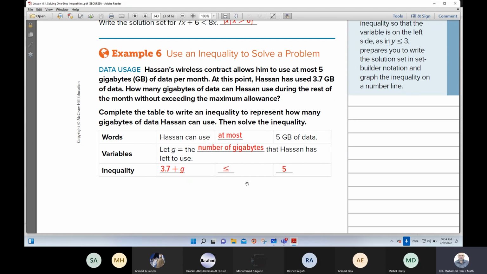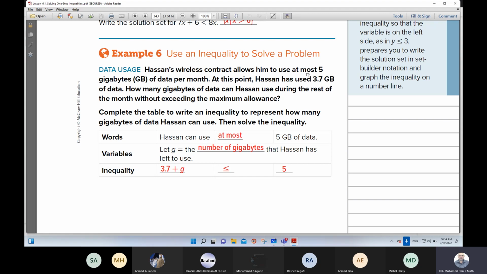Now, how to use an inequality to solve a problem? If you have a word problem, we can write the inequality from the words, then we can solve this inequality. So as you see here, Hassan's wireless contract allows him to use at most 5, as you see here.